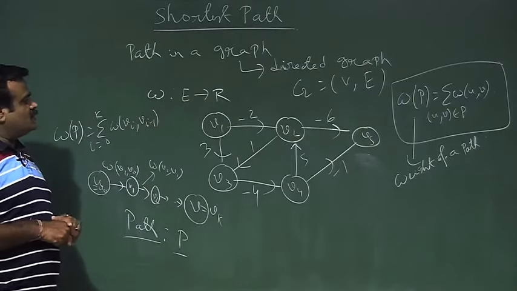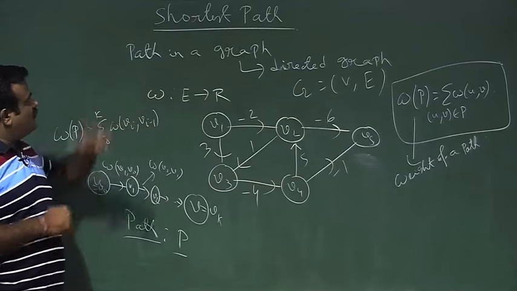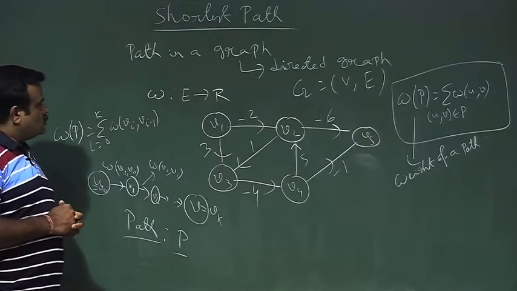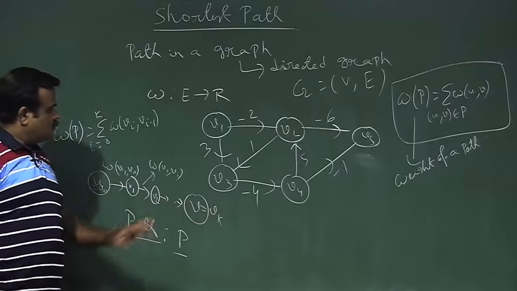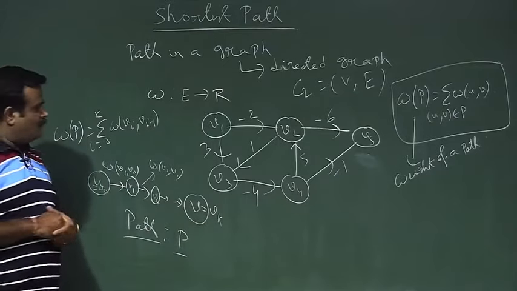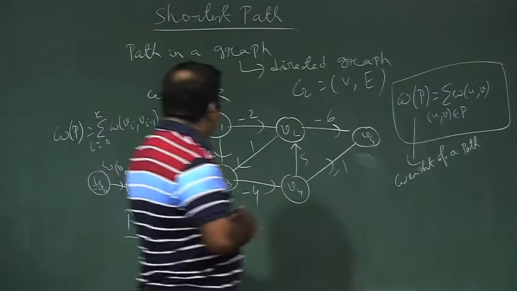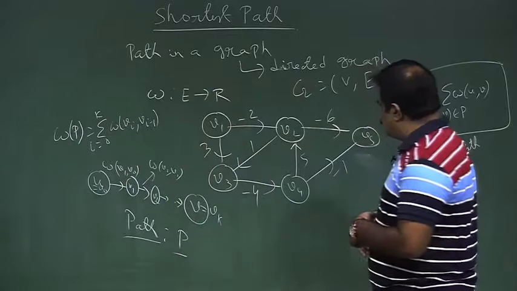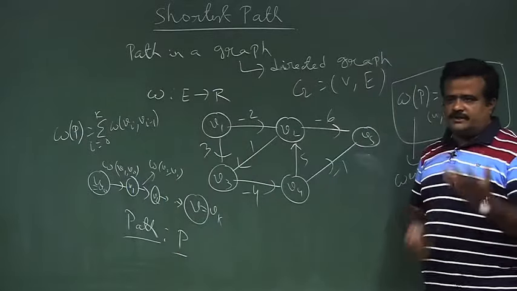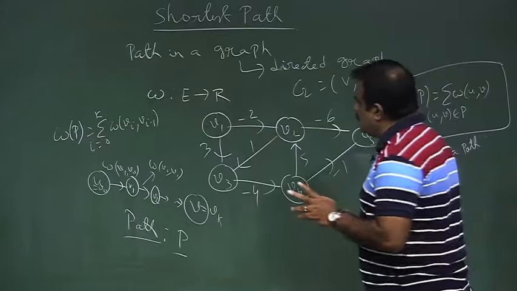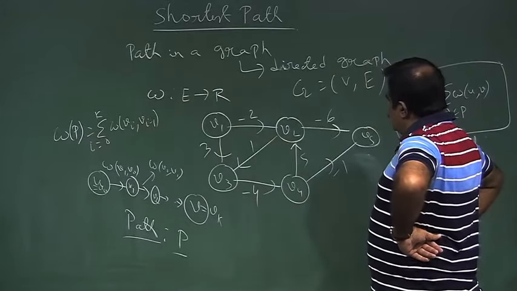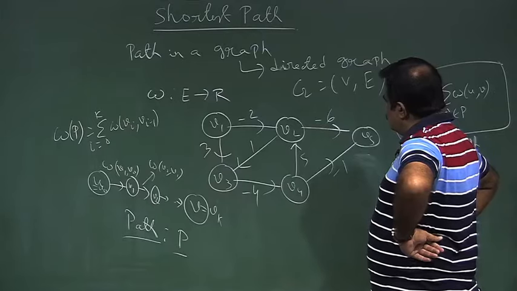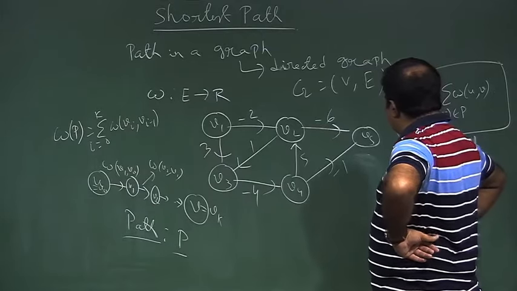Now this is the problem of finding the shortest path. When can we have a shortest path from a vertex U to V? First of all, there has to be a physical path. For example, if there is no path from U to V, then there is no question of a shortest path.